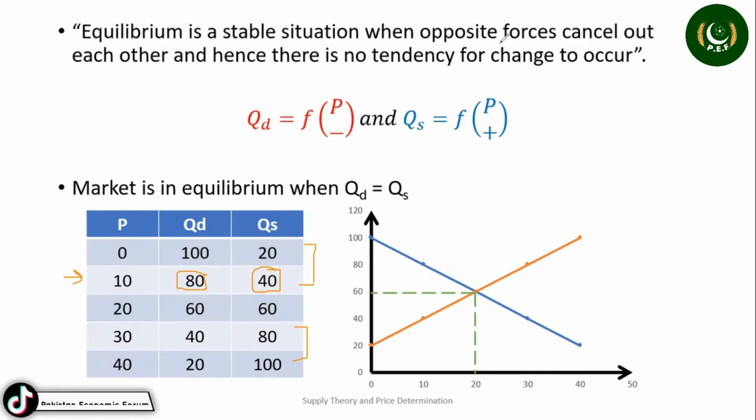The only position where all these forces cancel out each other and there is no tendency for change is where quantity demanded is equal to quantity supplied. Here it happens when the price is 20 and the quantity traded is, sorry, 60 units.